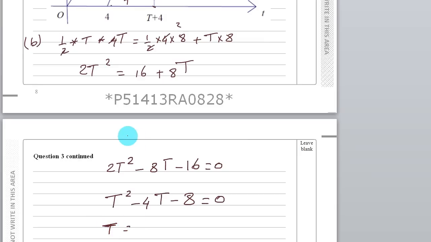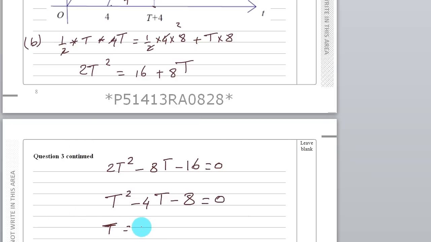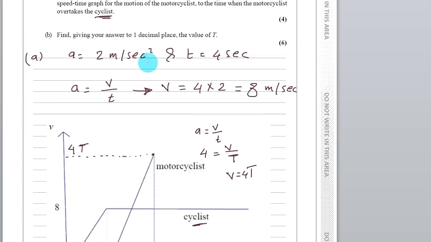Let us go to our calculator. Equation mode: 1, minus 4, minus 8. So t is 2 plus 2 square root of 3. This is t. You need it to 1 decimal place.